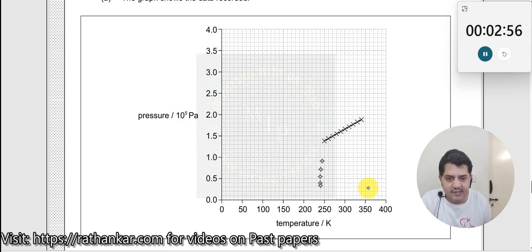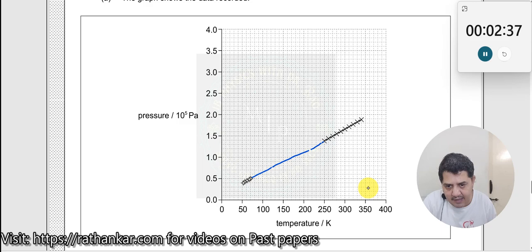Because they started the temperature only at 250 Kelvin. You can bring it back, but we don't have that kind of freezers. Maybe the experimentalist does not have a deep freezer wherein he can bring the temperature to 0 Kelvin. Now let us see whether I can pull this line back. When I pull this back, I observe it goes to 0.